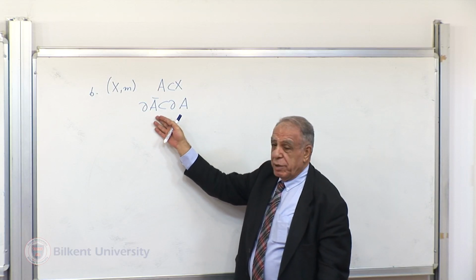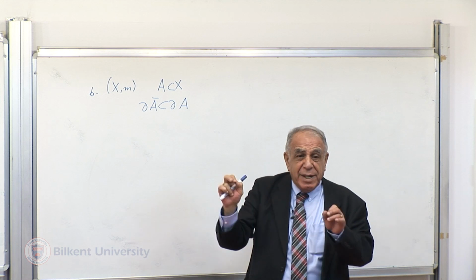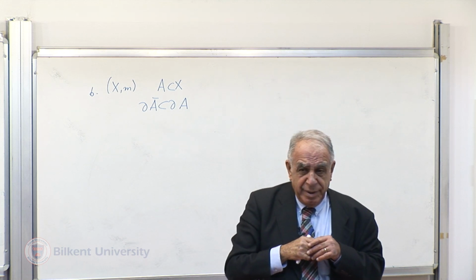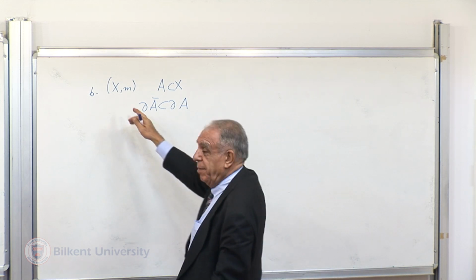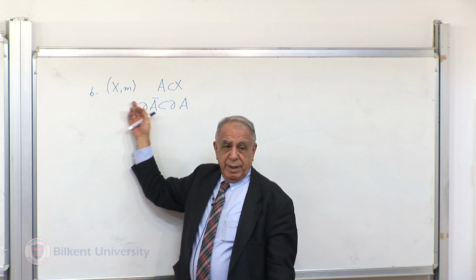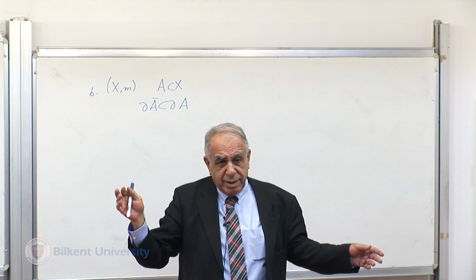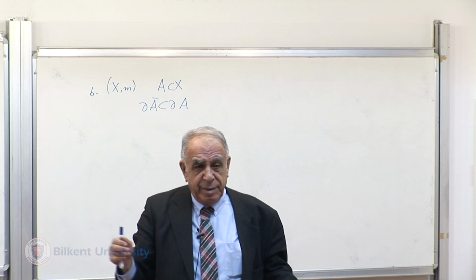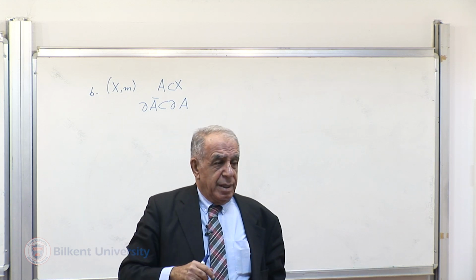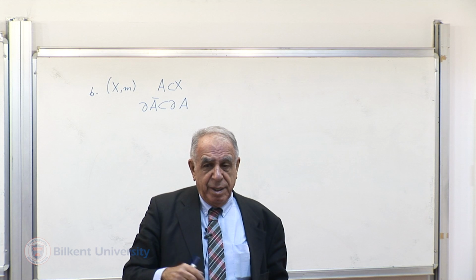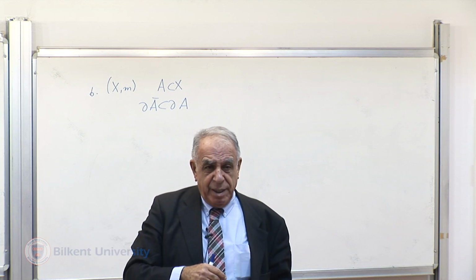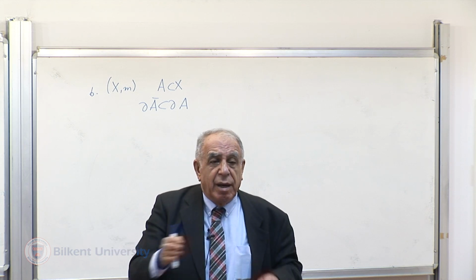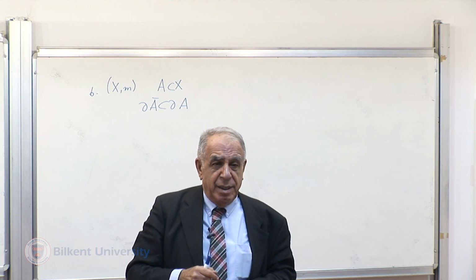This can be actually, to a very extreme extent, take R, let A be the set of rationals. What's a closure? The entire R. What's the boundary of the entire space?